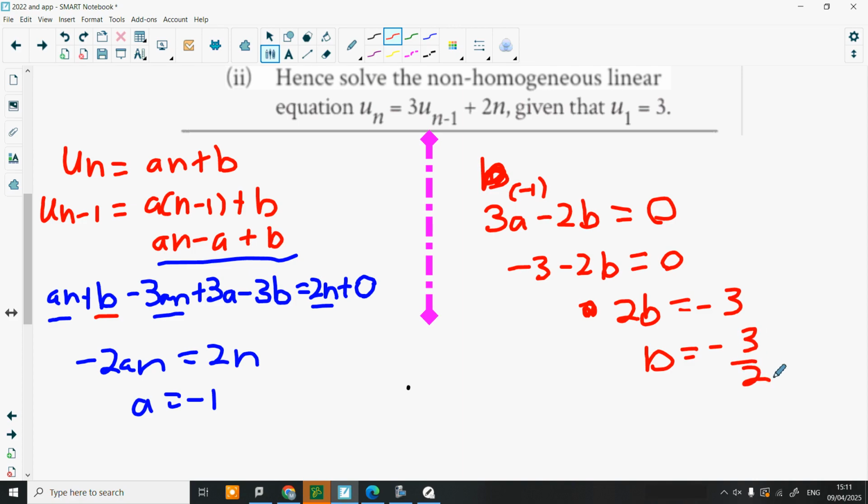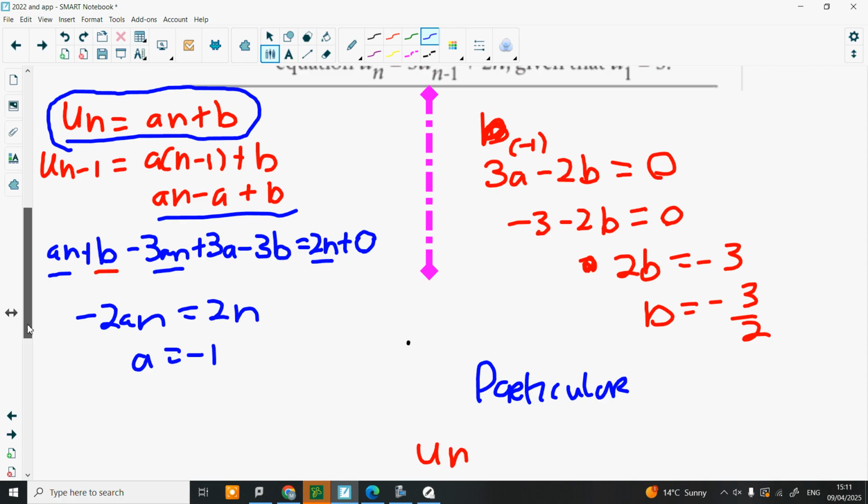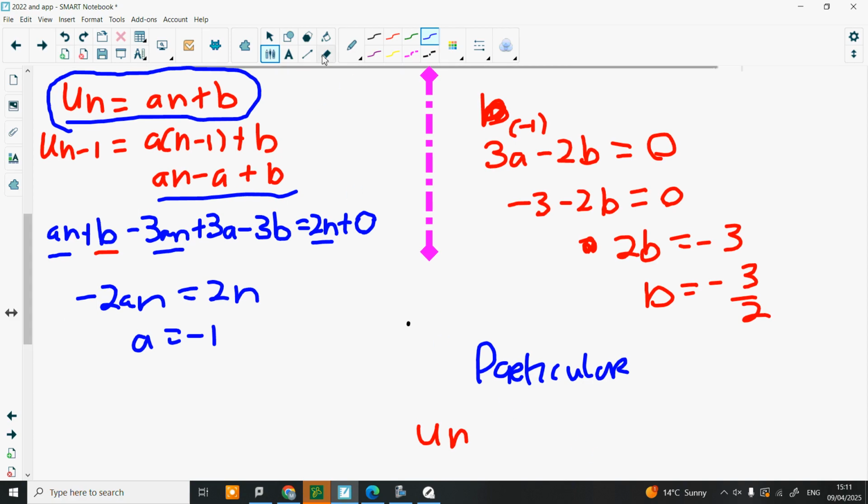Is that okay with you guys? So what's our particular solution? You tell me? So our particular solution is minus 1n minus 3 over 2.